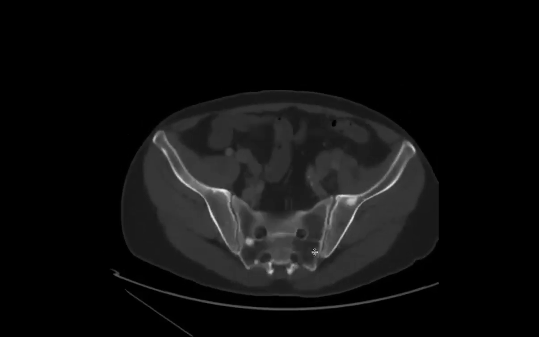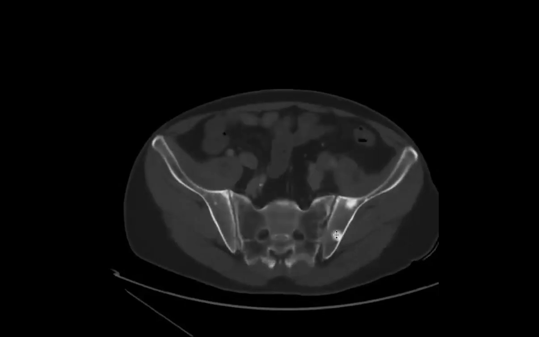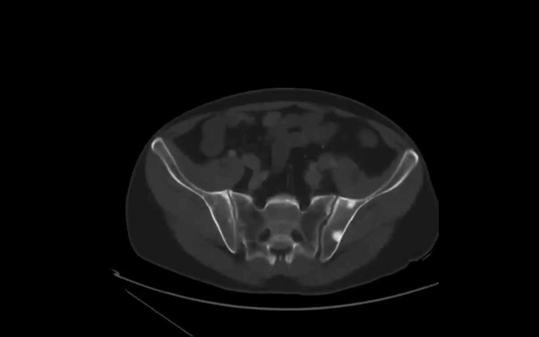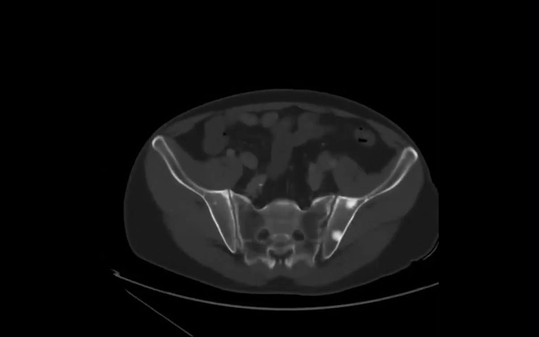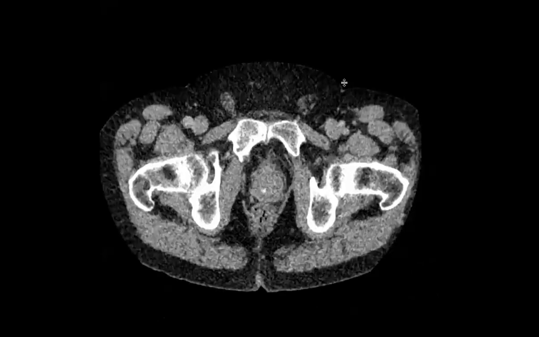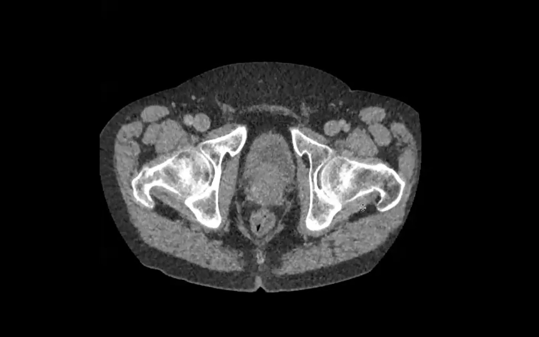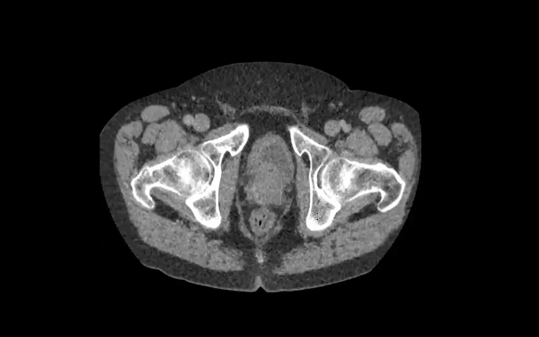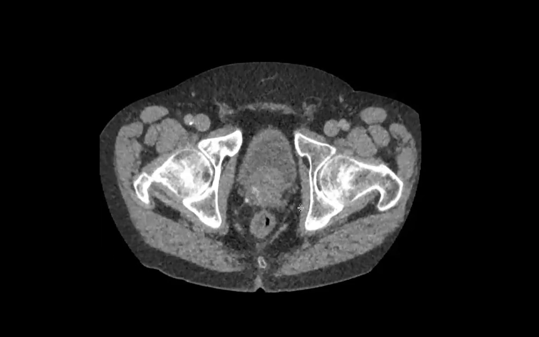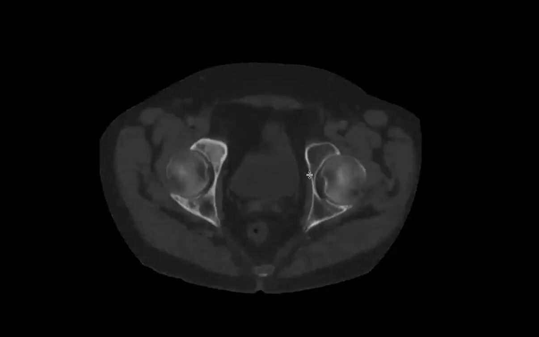So they were diagnosed as prostate cancer, metastatic to the bones, and this was a conventional prostate adenocarcinoma. They were being treated with androgen deprivation therapy. And this is another time point where you can see that the primary prostatic mass itself is smaller in size.